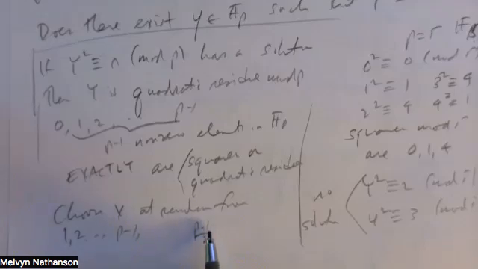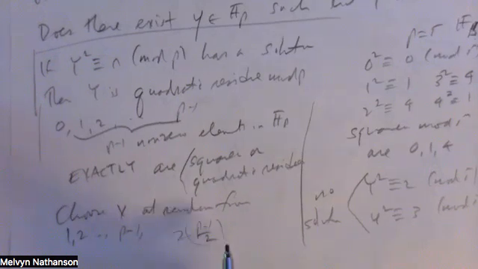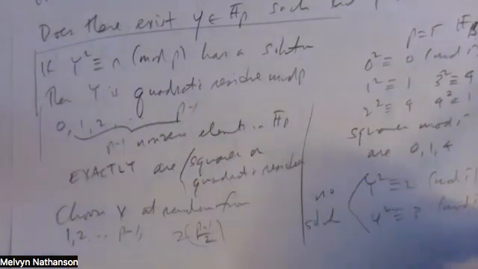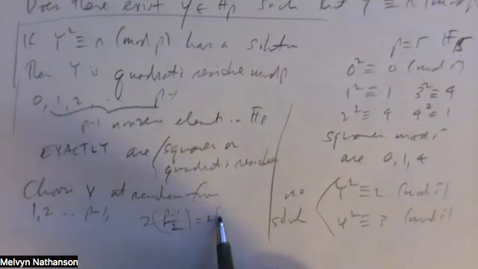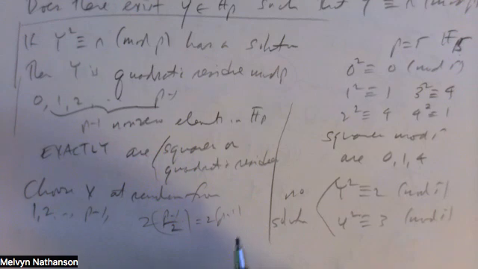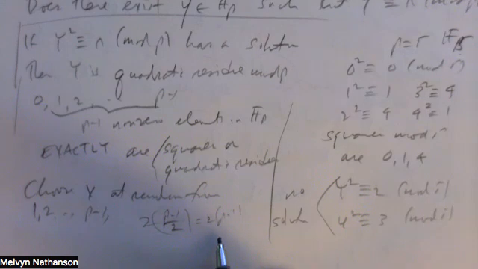And each time you have a quadratic residue, you can solve y squared equals r. Then minus y squared is also equal to r. So you'll have 2 solutions. So you'll have roughly 2 times (p minus 1) over 2 solutions for your elliptic curve, plus the point at infinity.